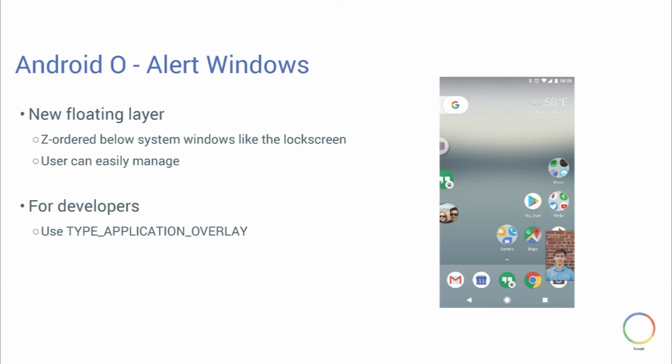This will allow you to create an overlay on top of the home screen, but not on system windows. We think this will bring a better user experience to our users, so they can have better handling. There could be some malicious apps abusing the system alert window, and we want to solve this problem in O by introducing this new type of overlay.